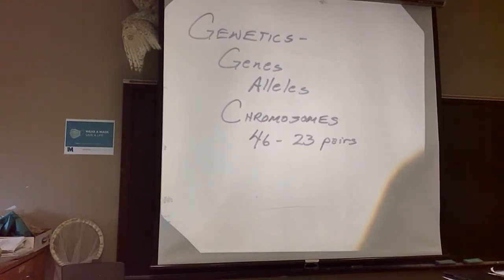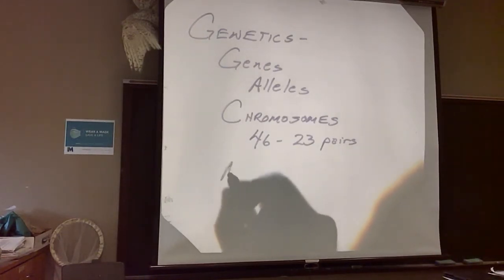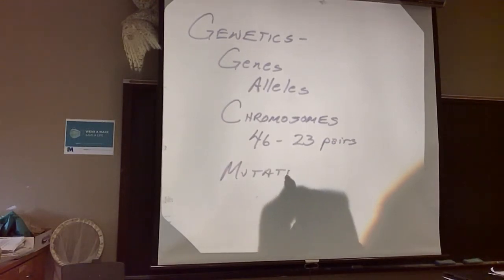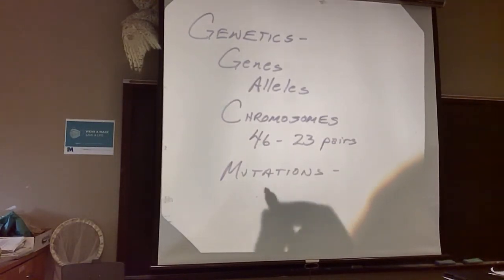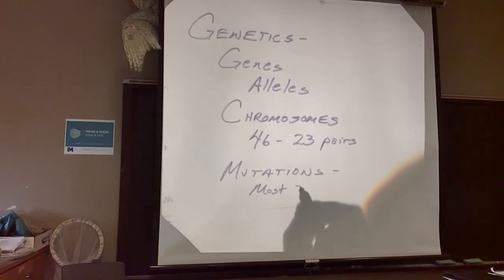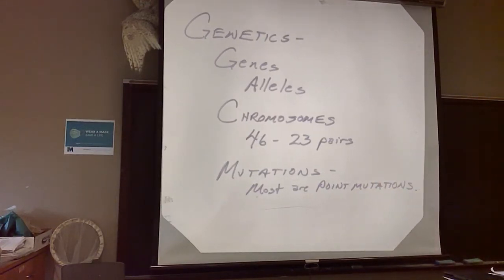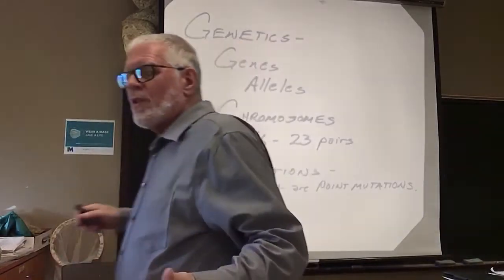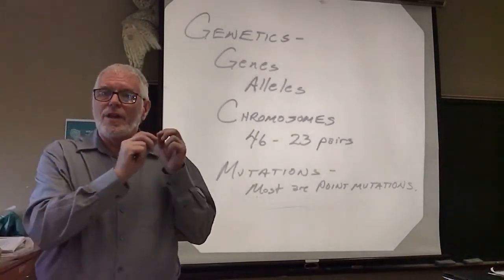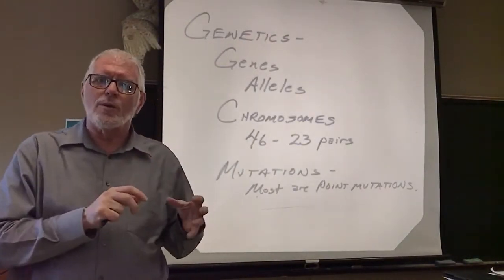So problems with genetics produce a lot of different things. We talked about dominant, recessive, and genetic diseases. I want to talk about mutations. A gene is a very, very, very long sequence of little bitty bits that are part of the code.